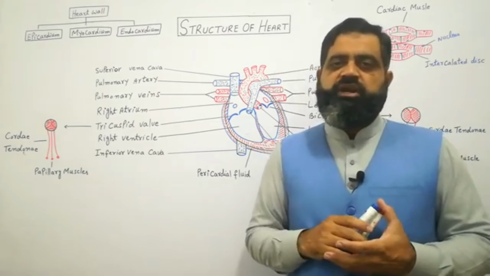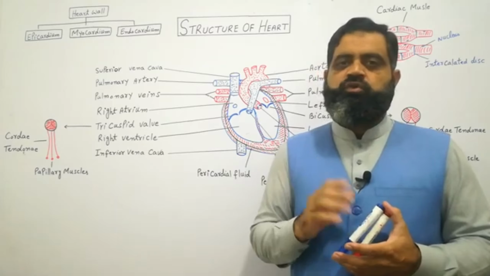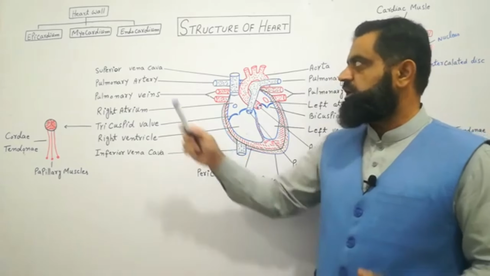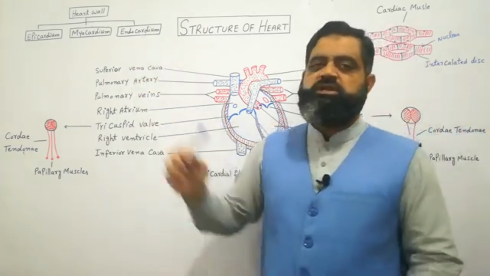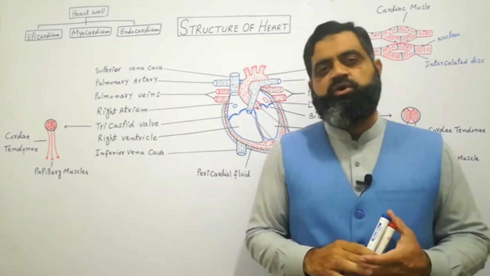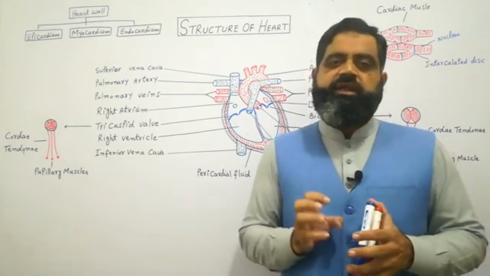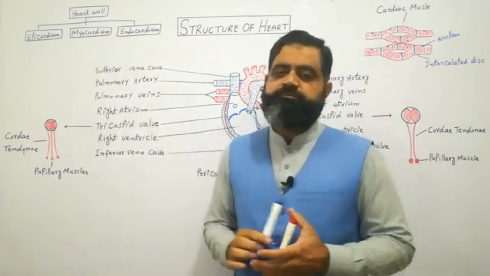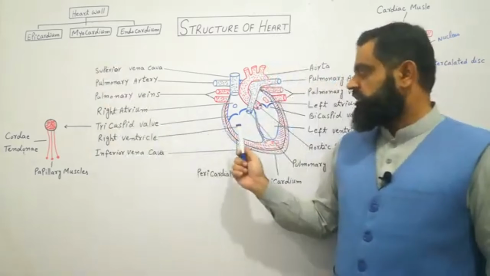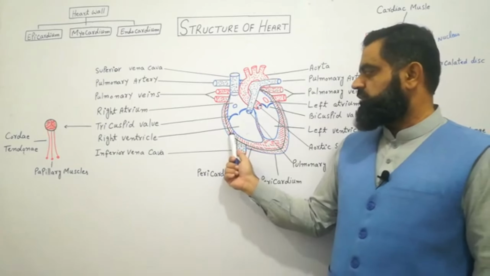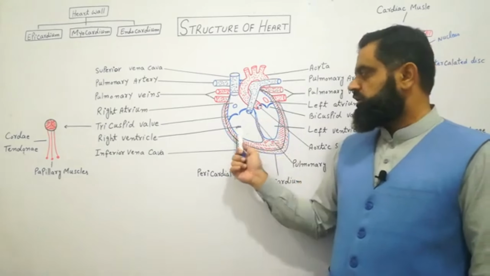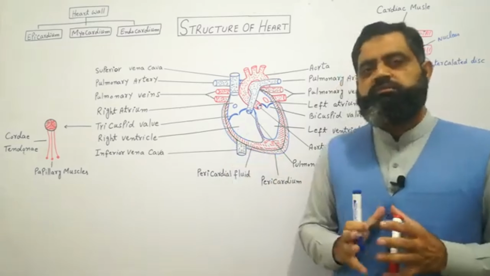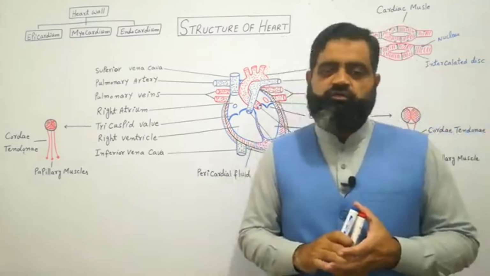It is made up of connective tissue, which makes the outer wall of the heart, while the inner wall of the heart is made up of epithelial cells, endothelial cells, known as endocardium, while the middle and thick portion of the heart wall is made up of myocardium. So our heart wall is made up of epicardium, the outermost layer, endocardium, the innermost layer, and myocardium, the middle thick layer of the heart wall.